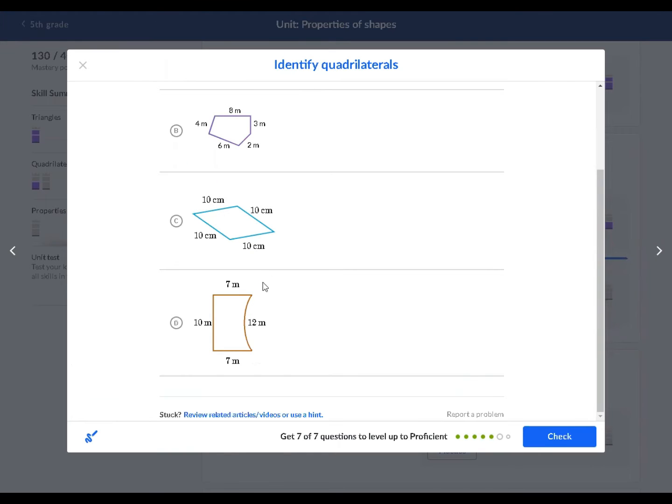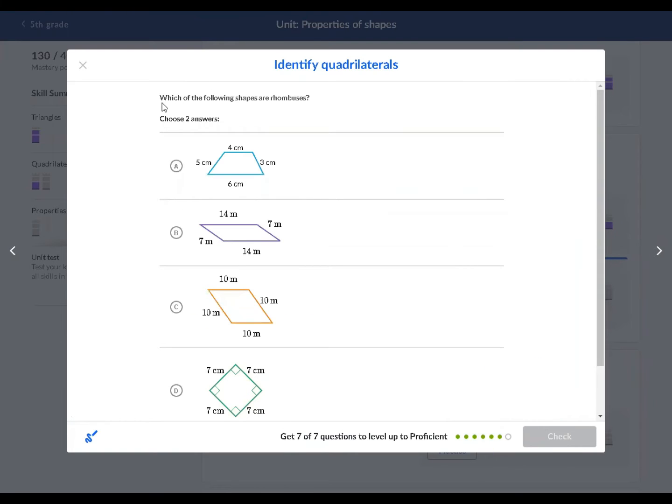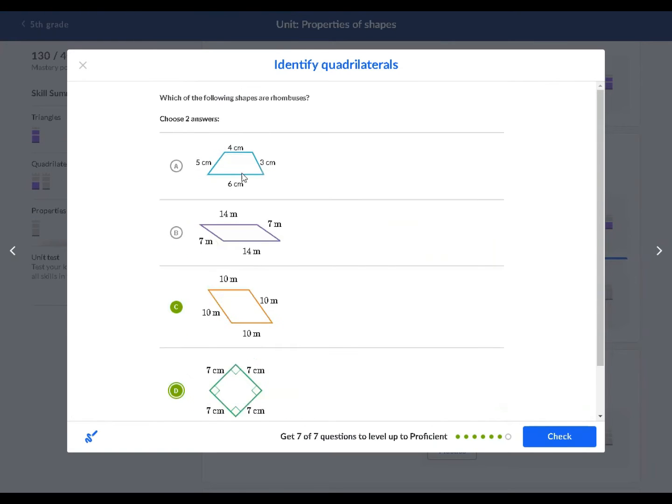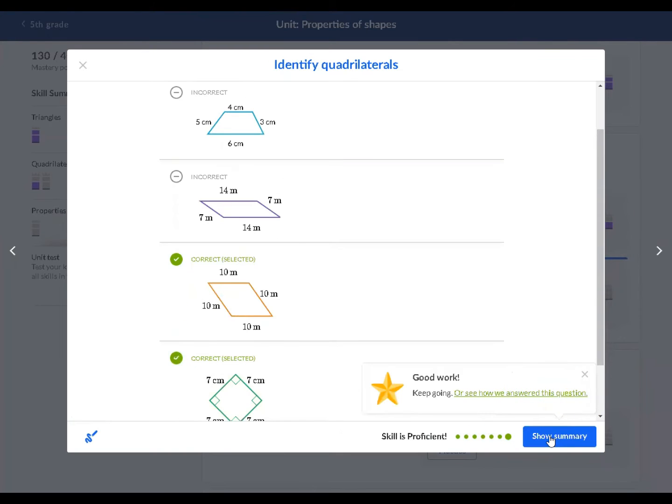This has four sides, and this also has four sides. Next question. Which of the following shapes are rhombus? So all the sides must be equal. All the sides are equal here, and all the sides are equal here too, but here we have different sides. So we got it correct.